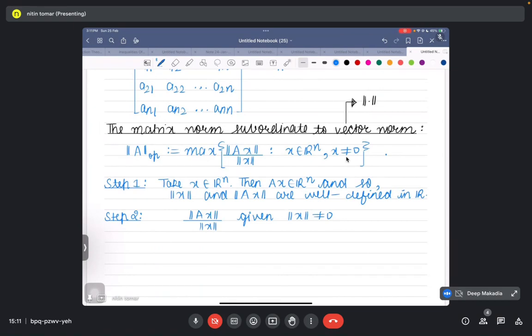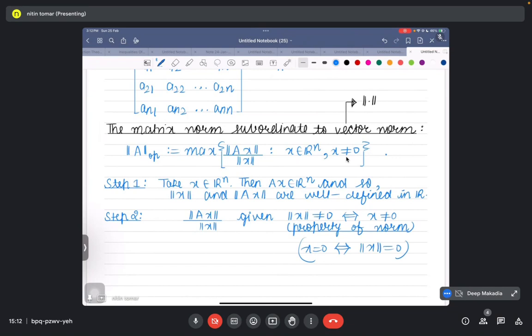But when is norm non-zero? If and only if x is non-zero. This is the property of norm. x is 0 if and only if norm x is 0. We have seen this, right? You know the property of norm, correct?